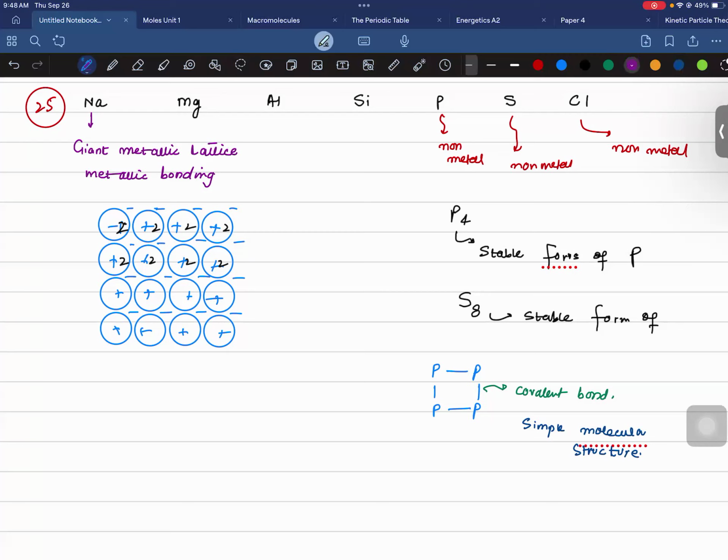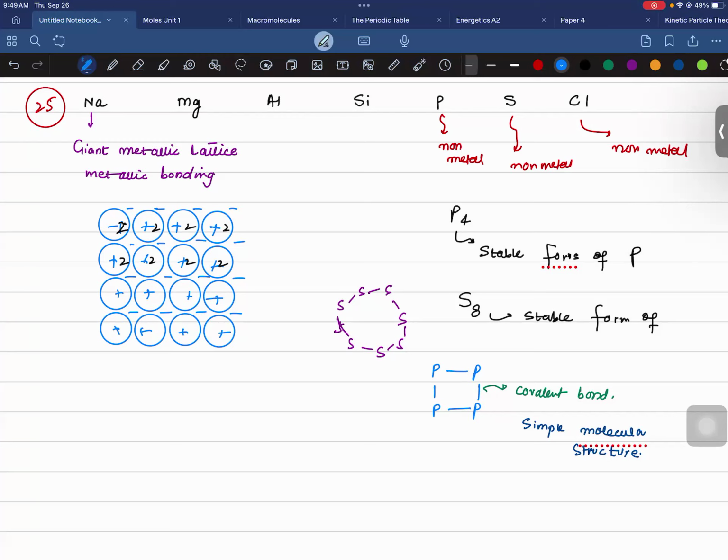And then we have sulfur, S1, S2, S3, S4, S5, S6, S7, then S8. This is also covalent bonding. What does that have to do with ionization energy? No, we are not going to discuss the ionization energy. We have discussed the trend of ionization energy. Okay, I understand now.